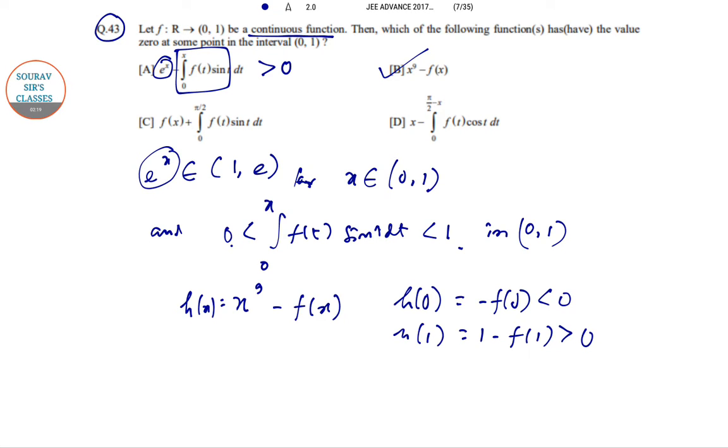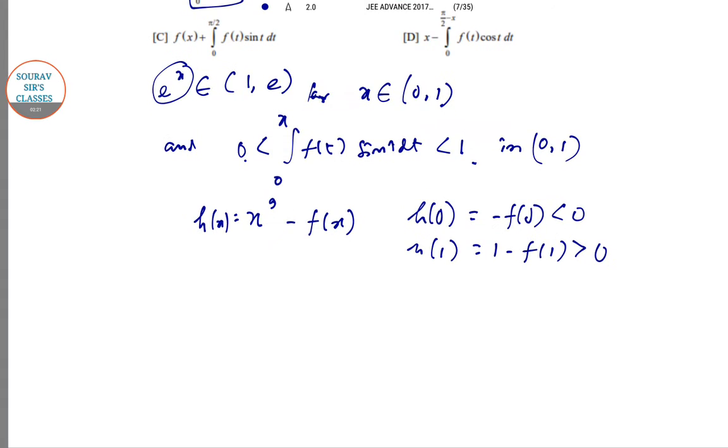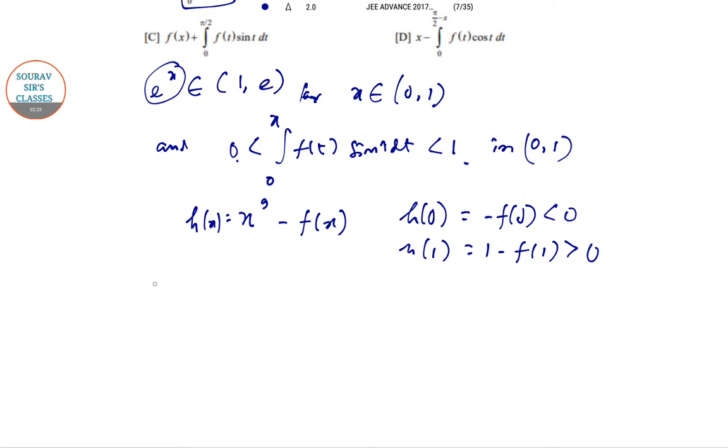Next one, now we are considering what happens in f(x) plus the integral from 0 to pi by 2. Without calculating, f(x) is positive and these two are both positive, so ultimately this part is positive. Coming to the other area, cos t sin t, if we take it as g(x), what happens to g(0)?